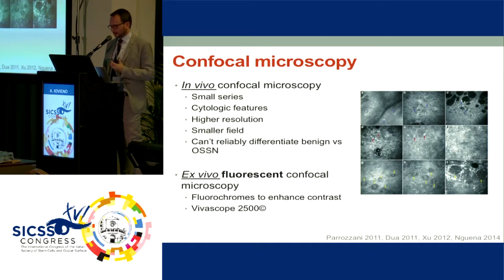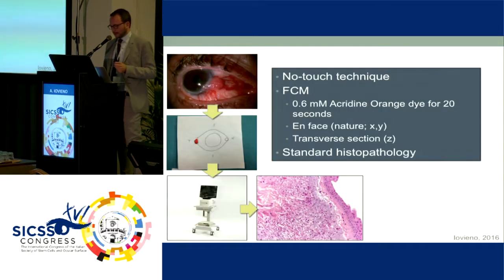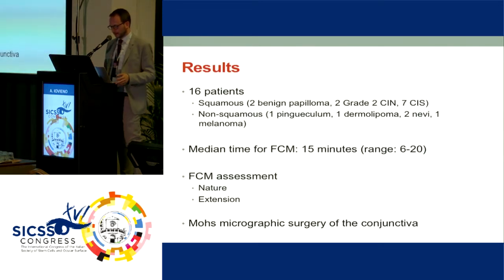Fluorescent confocal microscopy has been used, where the confocal diagnostic ability is enhanced by fluorescent substances. So we have conducted an ex vivo study on specimens that had been excised, and initially fluorescent confocal microscopy has been used, and then it has been confirmed by standard methodology.